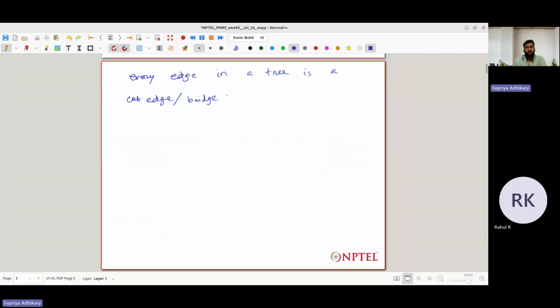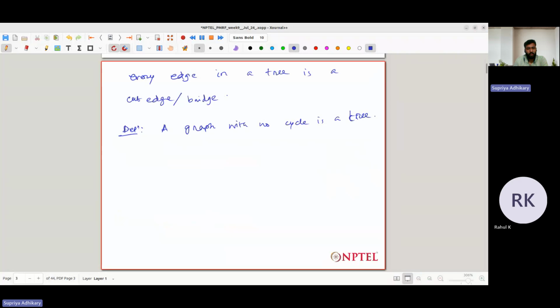And why is that? What is the definition of a tree? The definition says that a tree is a graph with no cycle. So there may not exist any cycle in a tree.